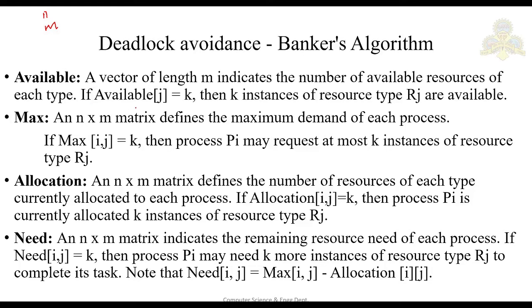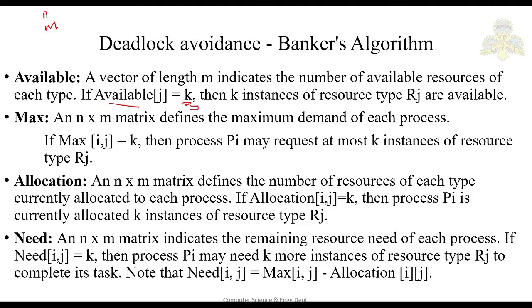If available[j] is equal to k, that means k instances of resource type rj are available. So available is nothing but the availability of the resource types in the system. Suppose you have 5 instances of your resource type printer.